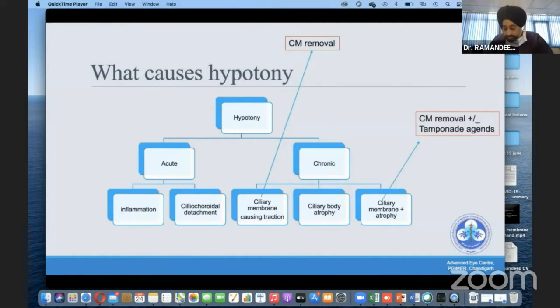The cyclitic membrane, if left for a long time over the ciliary body, will permanently damage the ciliary epithelium, in the pigmented and non-pigmented part. So removing it at the time when the ciliary body is healthy is important. Once the ciliary body atrophy has set in, the aqueous production cannot take place. You have to replace it with an agent in a desperate measure to save the eye from going into phthisis bulbi, like we use oil in these patients.